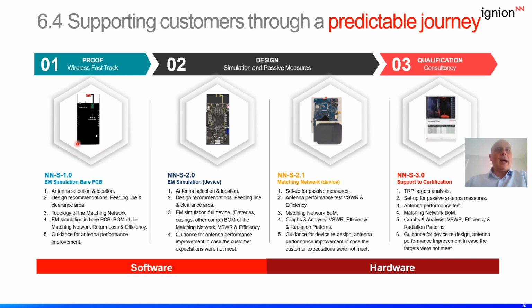Based on a scheme of your PCB and the frequency bands of operation, in return we provide the best antenna location and the best antenna booster, some basic recommendations, the results in terms of efficiency, and the bill of materials of your matching network. In case those results are acceptable, then you go to the next step, and if not, you can take action and test another ground plane in order to get better performance.